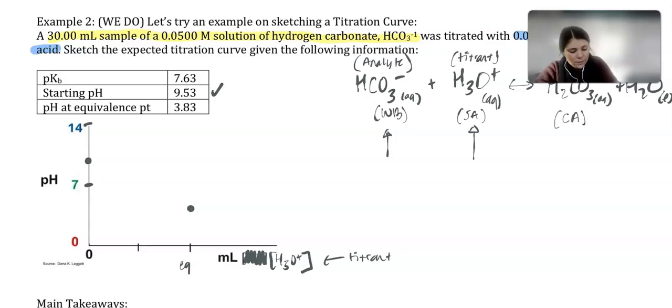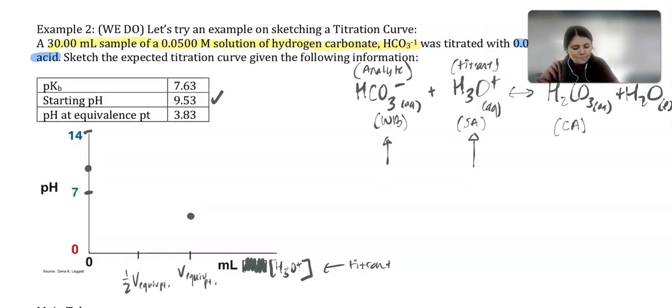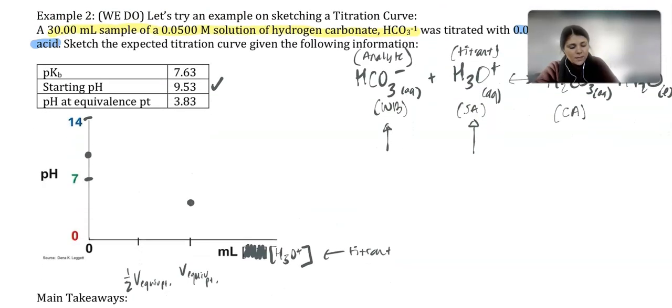So here, this is volume for equivalence point. And this will be half volume equivalence point, which will come back in just a second. I do want to note that we should also know what the volumes are, so we can add that right next to those lines once we figure that out.